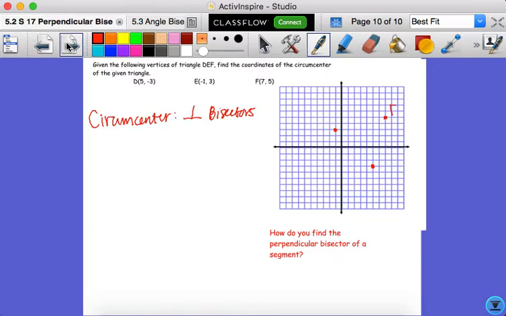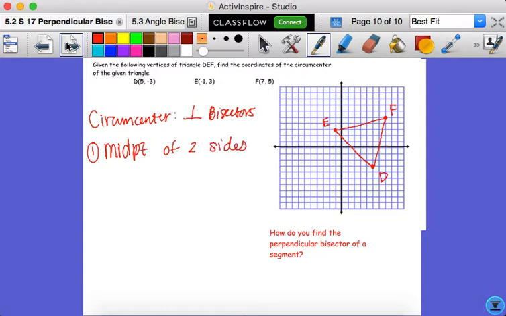So those are my 3 points. I'm going to connect them together as a triangle, and then I'm going to create my perpendicular bisectors. So a bisector means that I need to find the point in the middle, meaning the midpoint. So what I'm going to do is first find the midpoint of 2 of the sides.